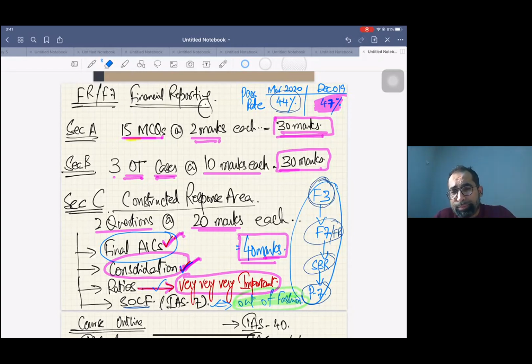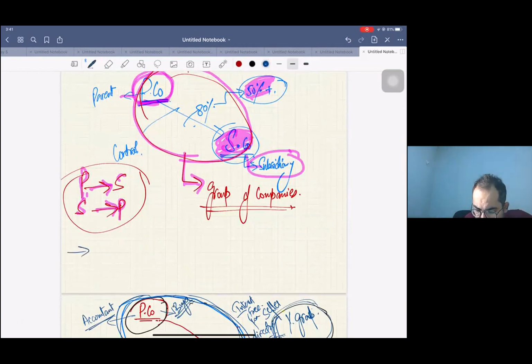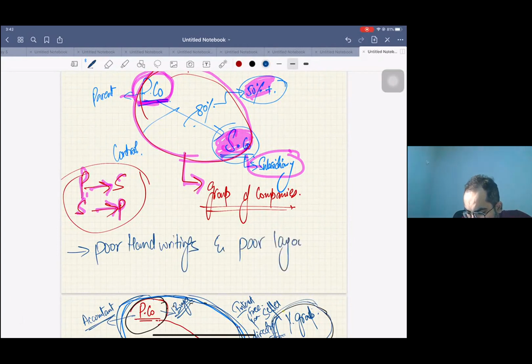Listen, one of the major reasons for failure is poor handwriting and poor layouts. In the past, this was one of the major reasons for failure of students. I'm telling you, I have attended such sessions.